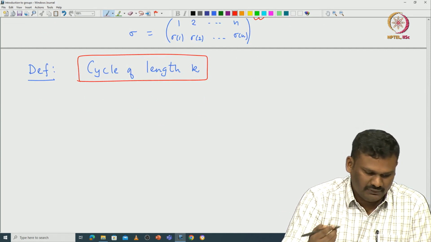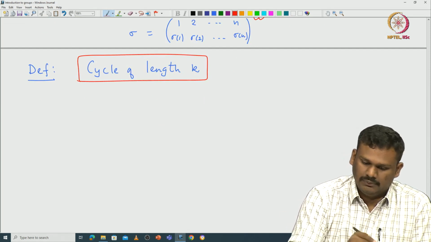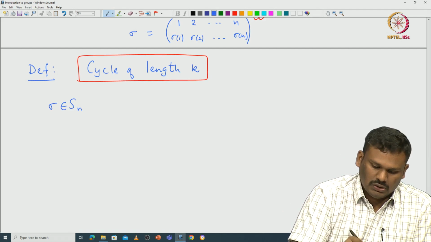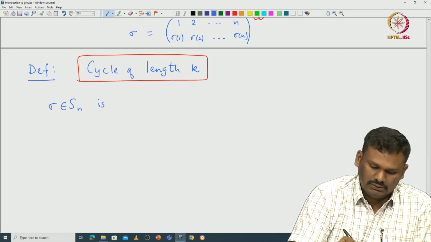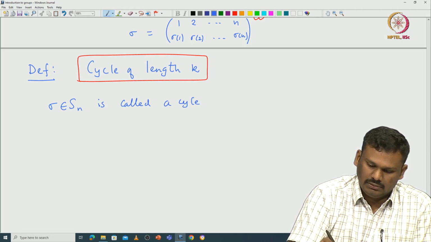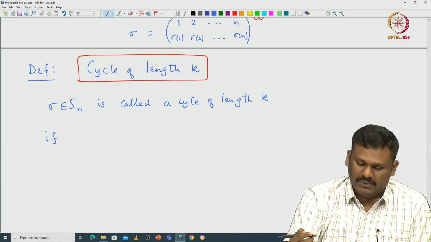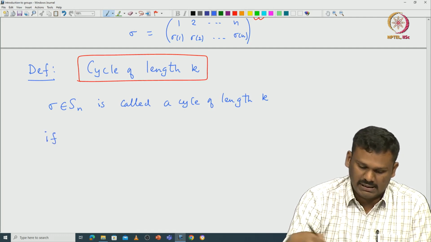So you start with some sigma in Sn. This is called a cycle of length k if it permutes some k distinct indices cyclically.